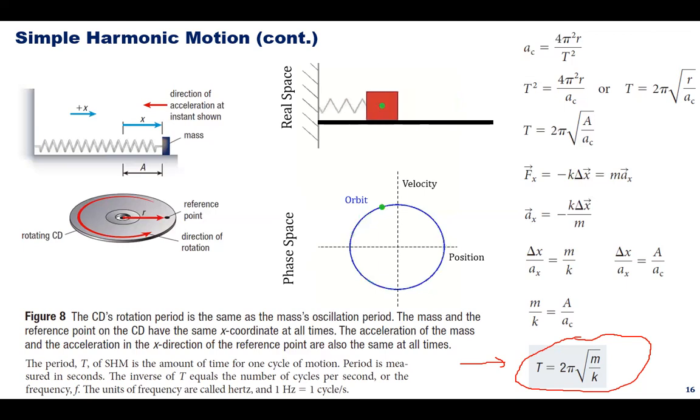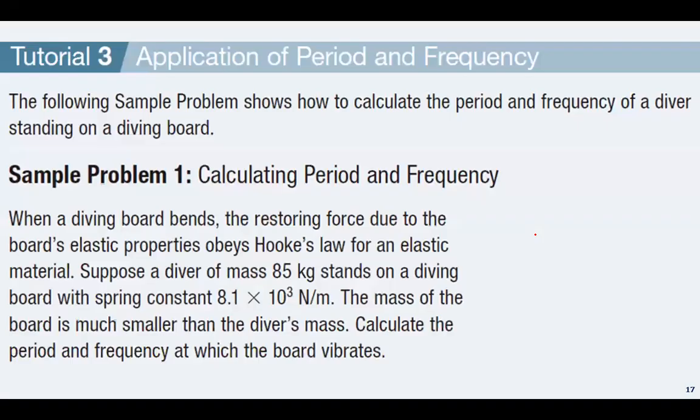In this formula, m is the mass, and k is called the spring constant. Okay, then you don't have any questions.